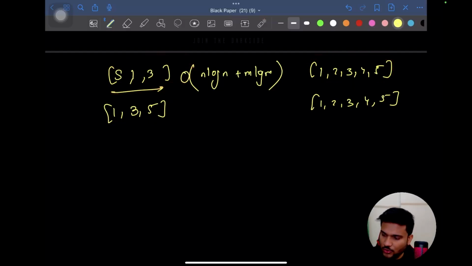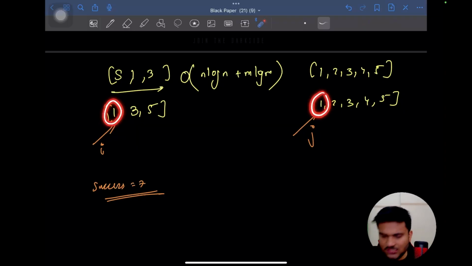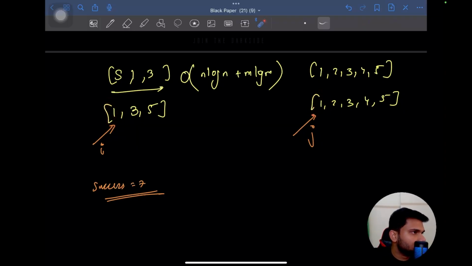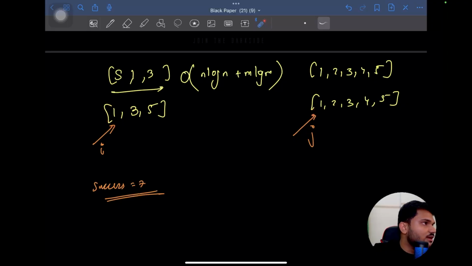And now just think about it. If you keep a pointer i here and you keep a pointer j here and you have a success value, let's say 7. Okay. Can you see 1 into 1? Is 1 into 1 greater than or equal to 7? No. That means this particular one cannot form a pair with this one to get the success value as 7 or greater than or equal to 7.